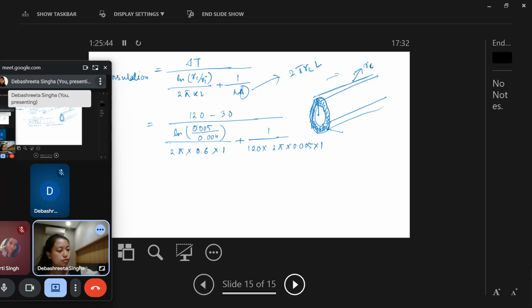So if you calculate all this, you get Q insulation as 555.55 watt per meter.